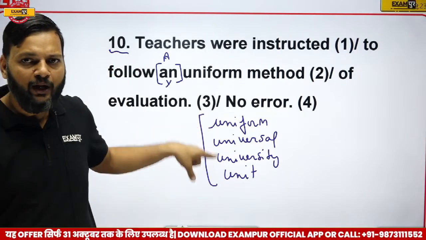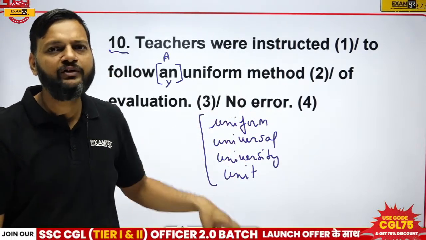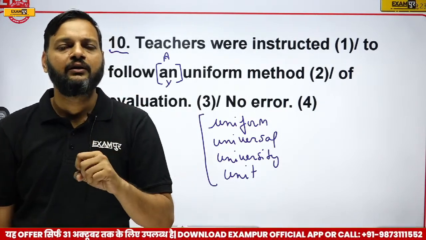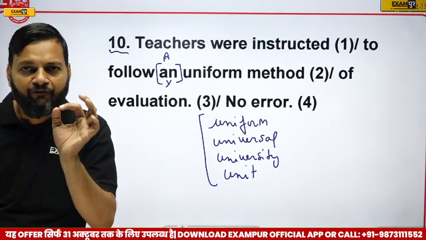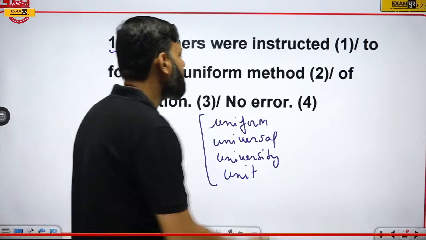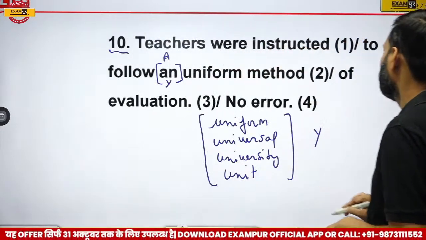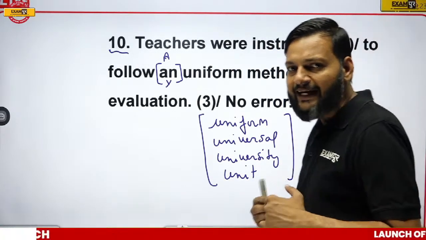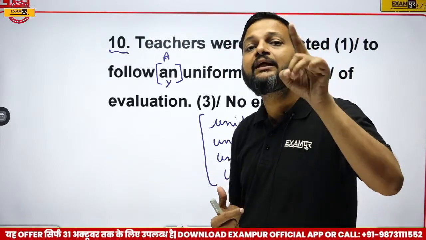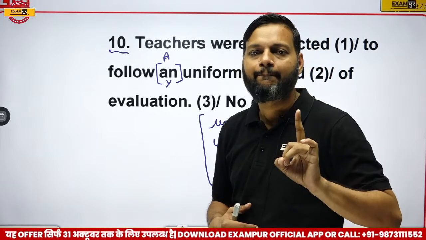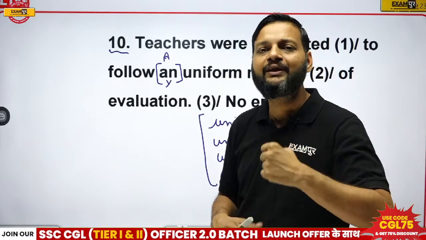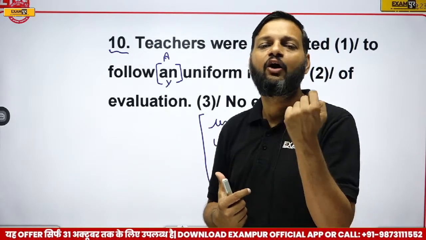Okay, when we pronounce these words, university, union, unit, or uniform, the first letter of pronunciation of these words becomes Y. Okay, because if we write the pronunciation of these words, the first letter would be Y. So although these words start with a vowel, the sound that comes of these words is of a consonant.